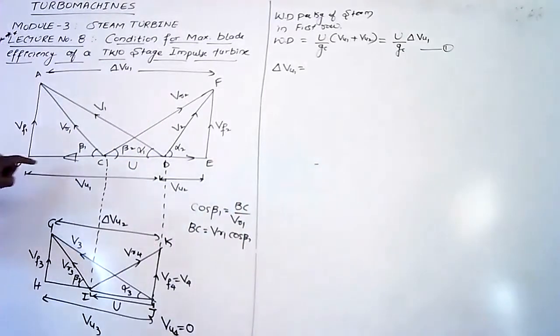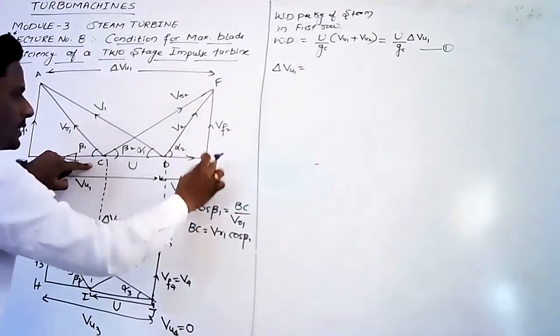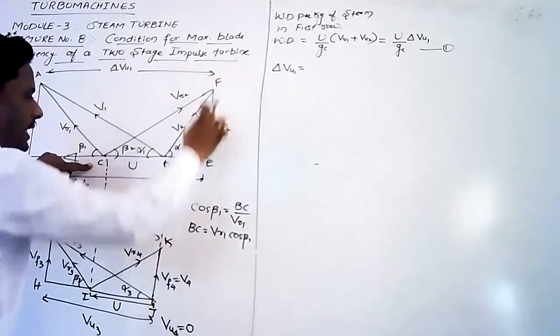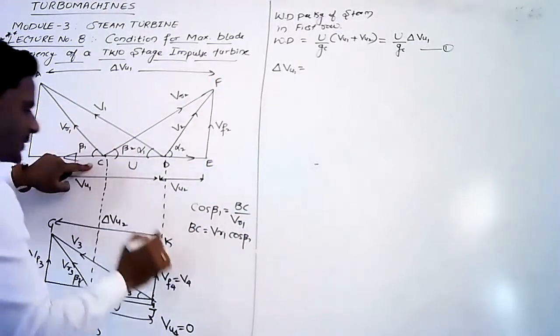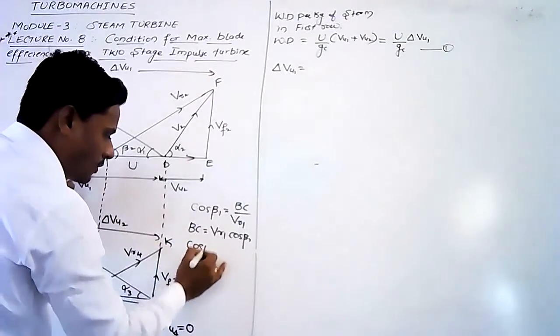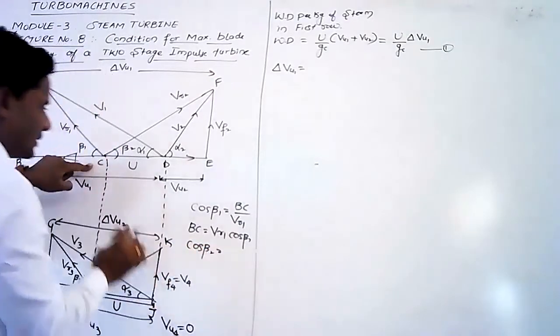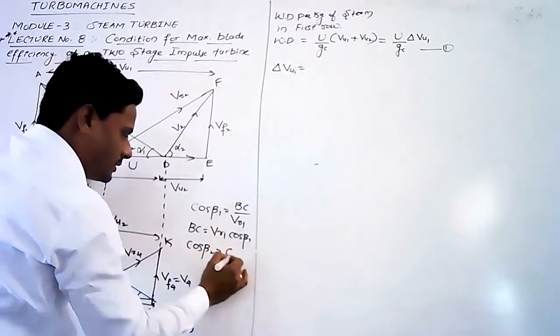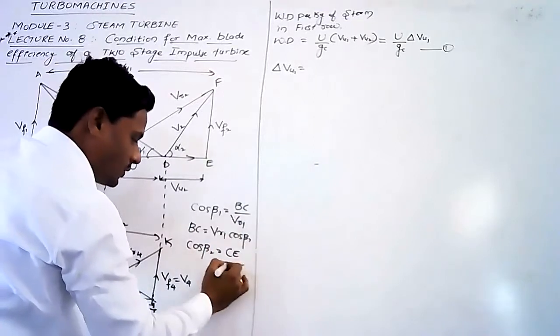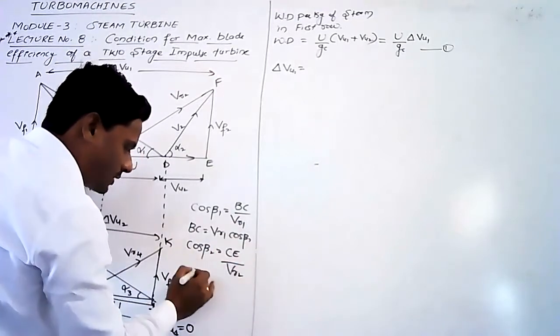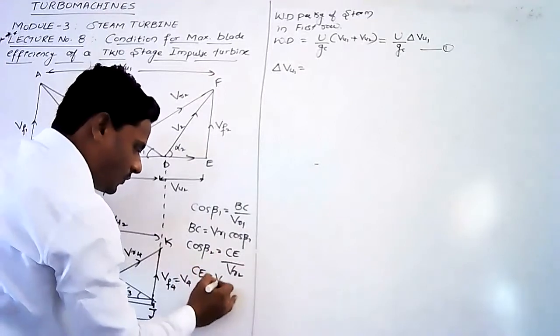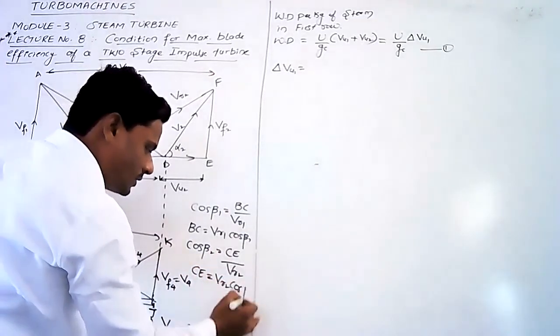Similarly, if we take triangle FEC, cos beta 2 is equal to the base CE divided by the hypotenuse VR2, or CE can also be written as VR2 cos beta 2.